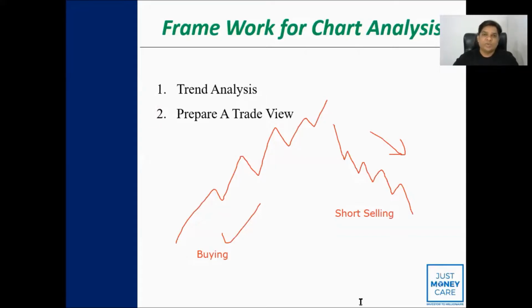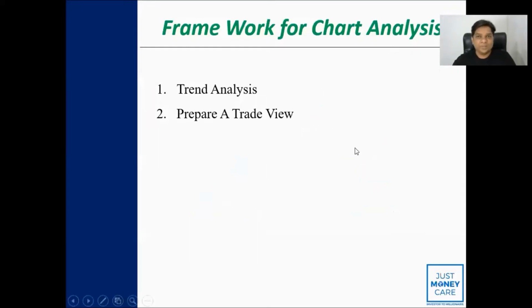If you follow these two golden nuggets, the majority of your problems and confusion will stay away. Buy when the stock price is in an uptrend, and short sell especially when the stock price is in a downtrend. So now you have a clear idea that if I want to buy, I need to find an uptrend, and if I want to sell, I need to find a downtrend.